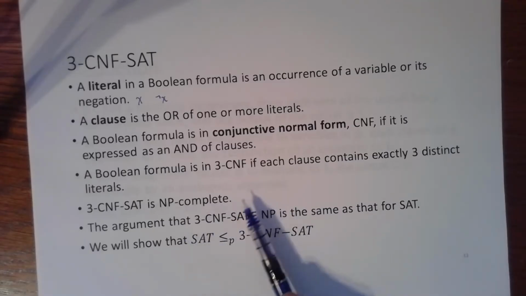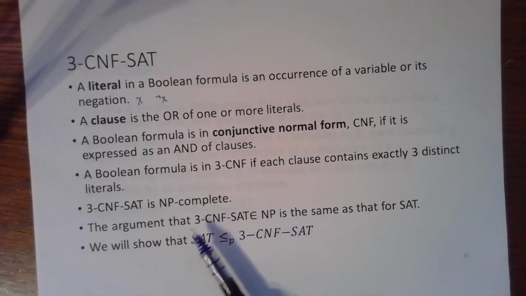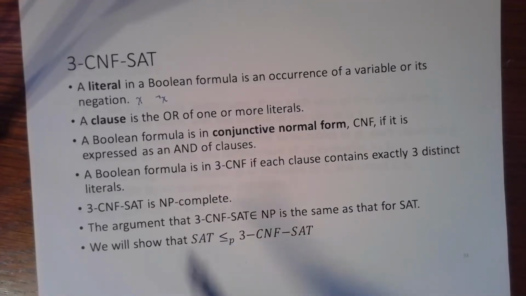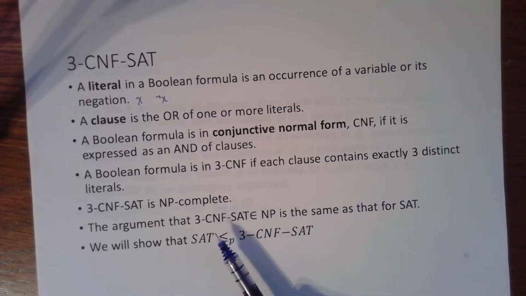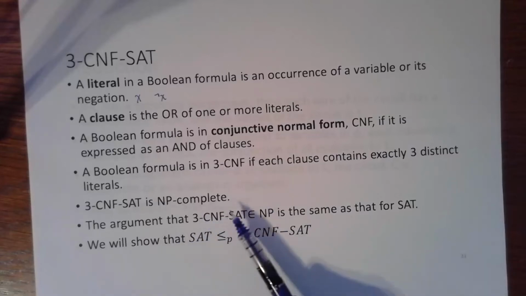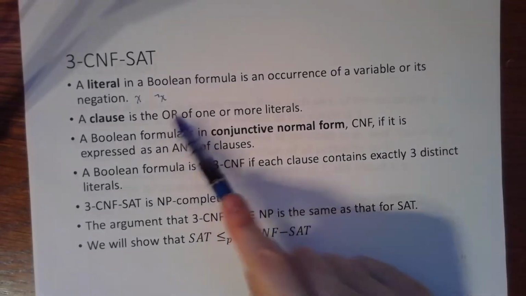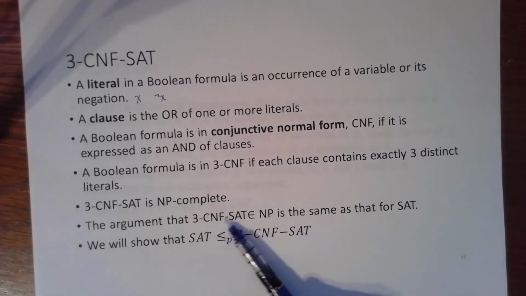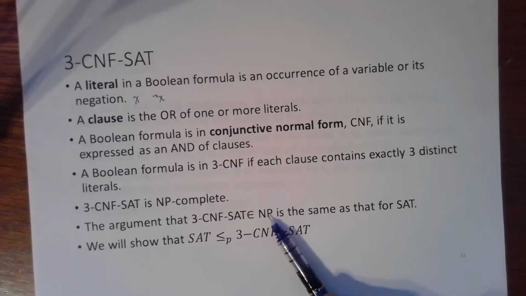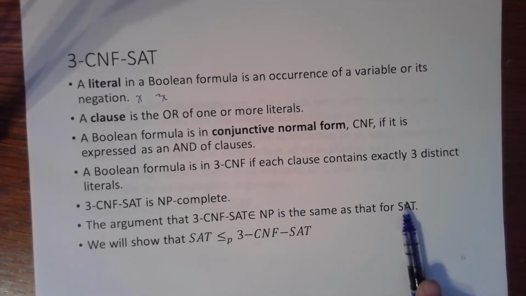You take the certificate, the assignments to the variables, replace all of the literals with their values, and then evaluate the logic expressions. So it's in NP, just the same as SAT was.